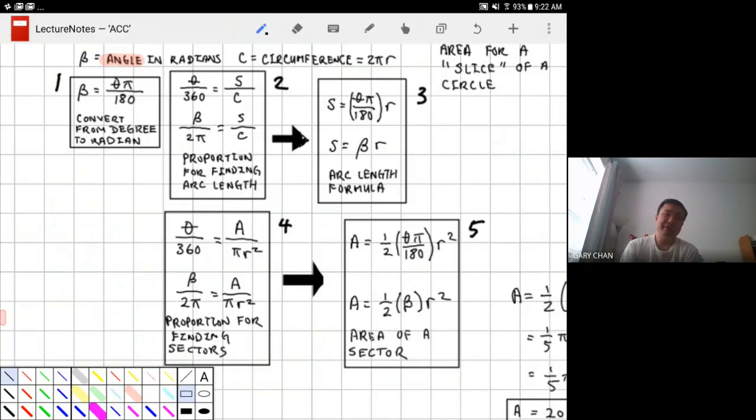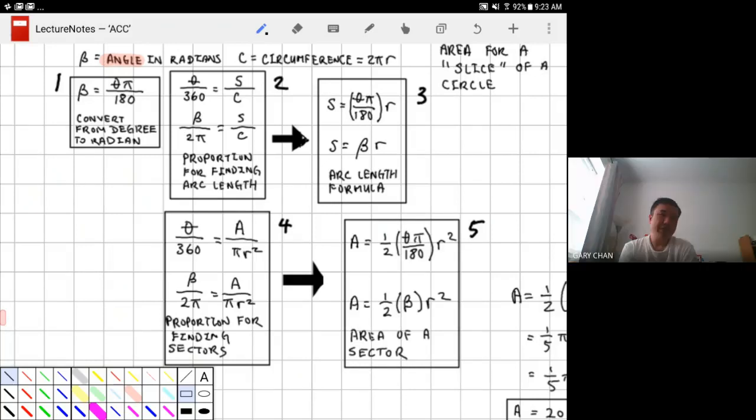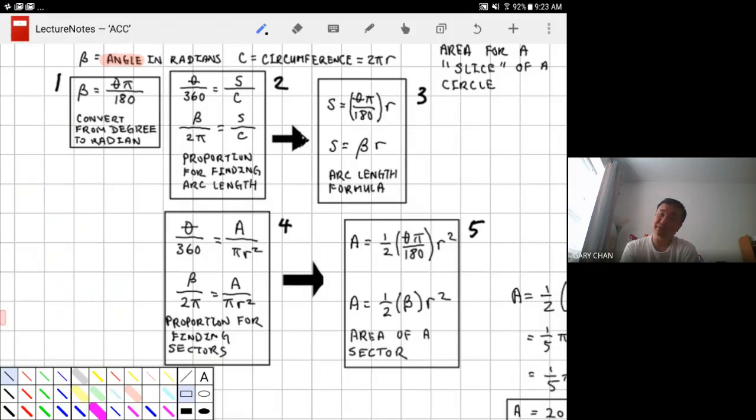The logic here is to set up a proportion. So between those two, which should you use? The options are boxes 2 and 4, right? Yeah, that's true. But what would make most sense? 4. It would actually be 2, because they're asking about the fraction of the arc length.